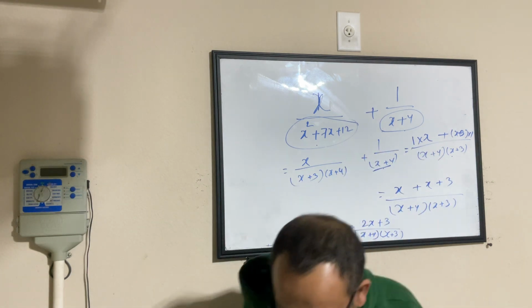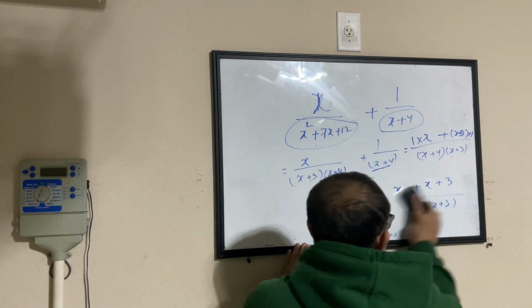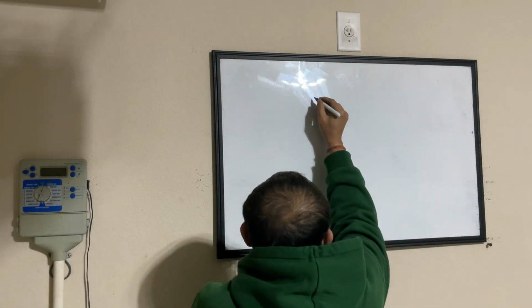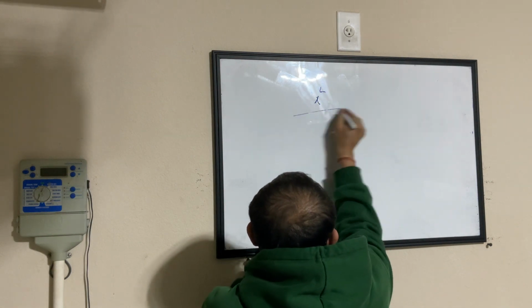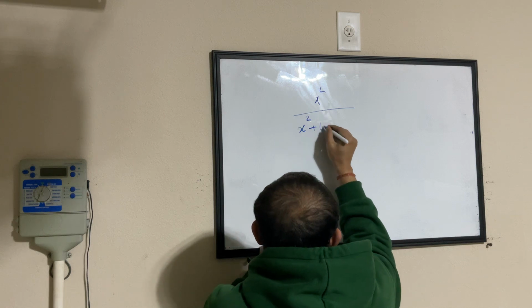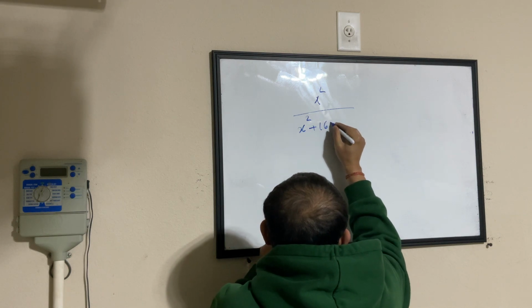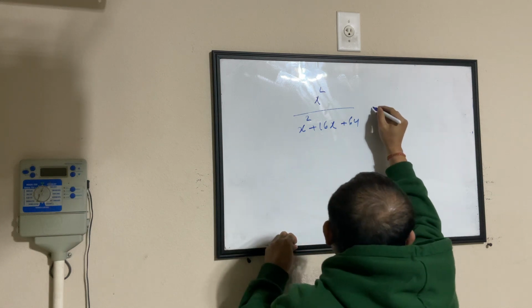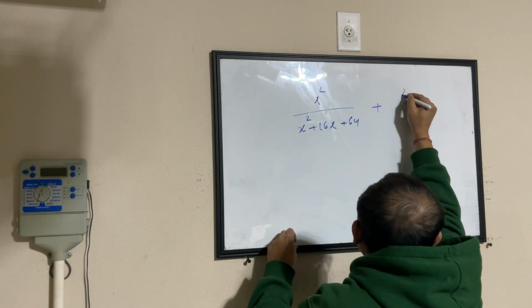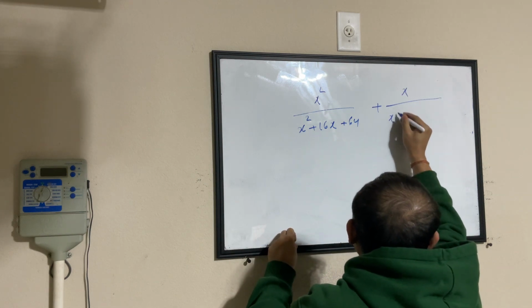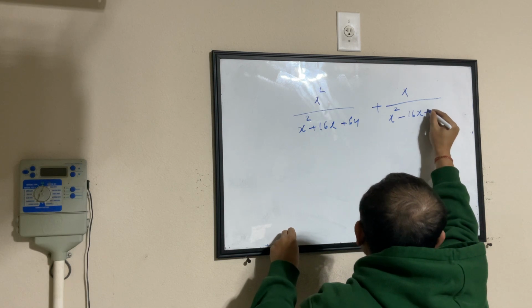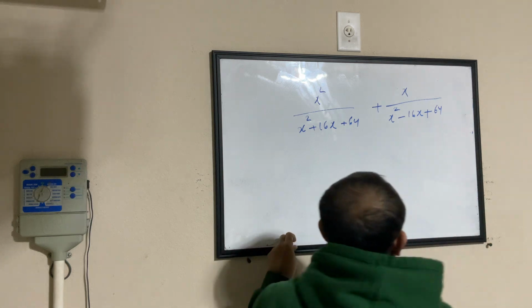If I give you one situation, okay fine, x squared divided by x squared plus 16x plus 64, plus x divided by x squared minus 16x plus 64.